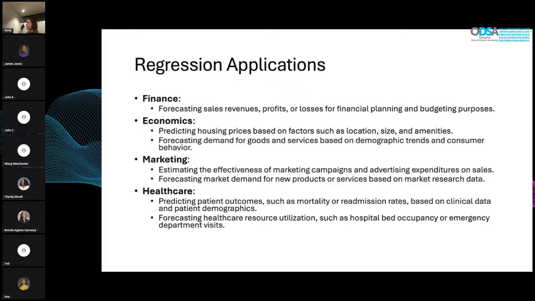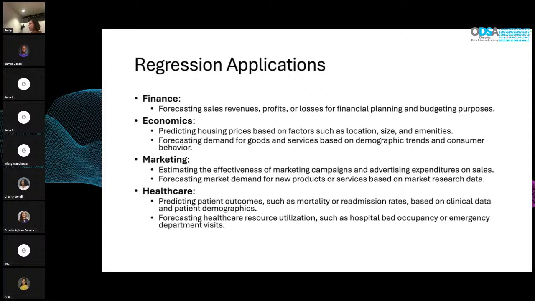Forecasting the demand for goods or services, estimating the effectiveness of marketing campaigns. So you're trying to send letters to people to try to get them to buy your product. How many people responded to that? Forecasting market demand for new products or services. How many people are likely to purchase your product next month? How many people are likely to purchase your product the following month?